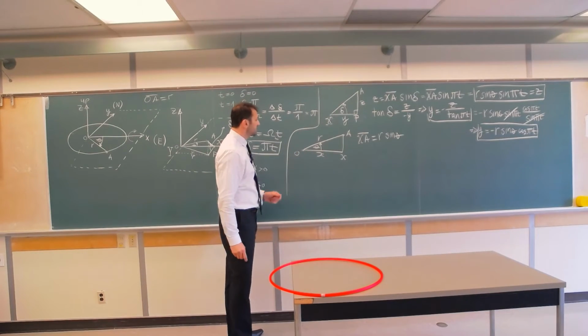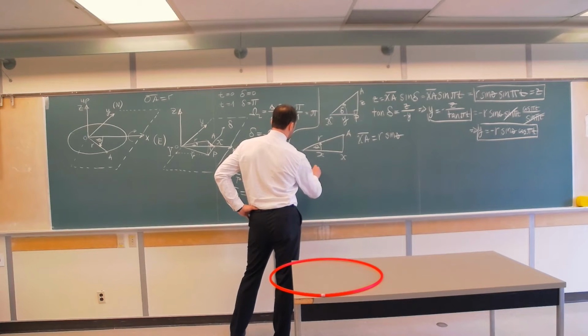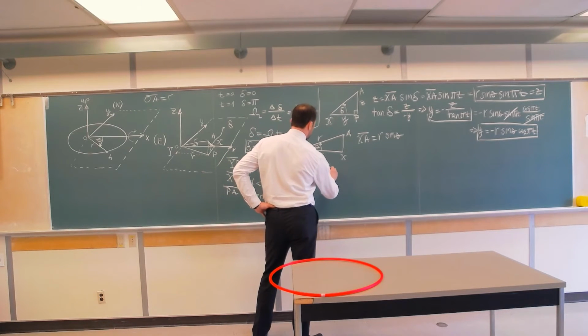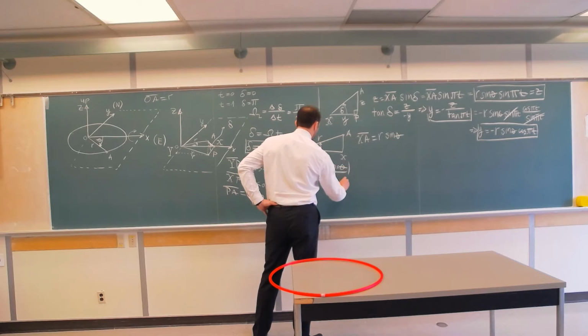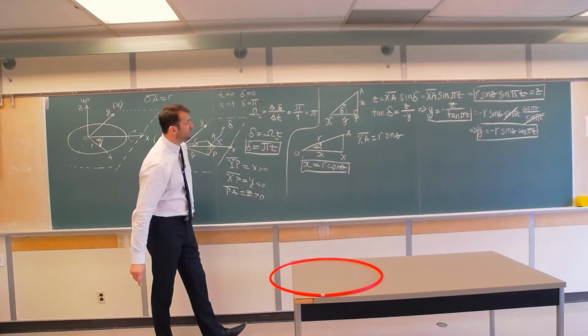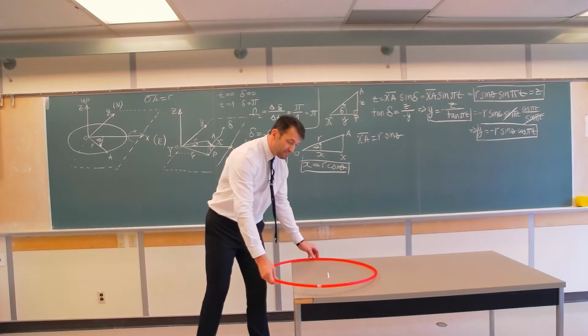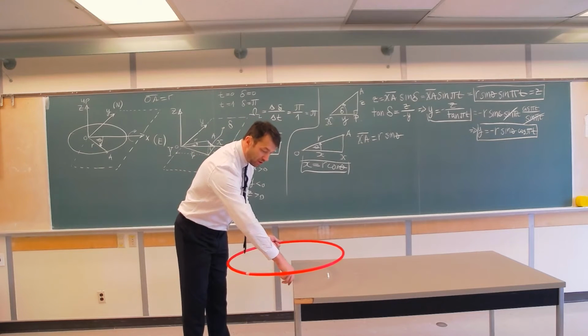And X, we can see simply from this figure that the X component would be R cosine theta. Logically, notice something. If you are imagining this, the X-axis is measured along this edge.